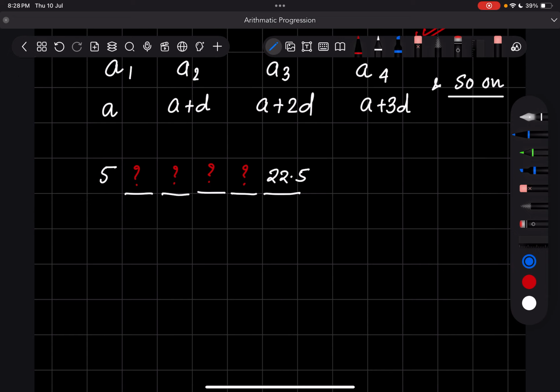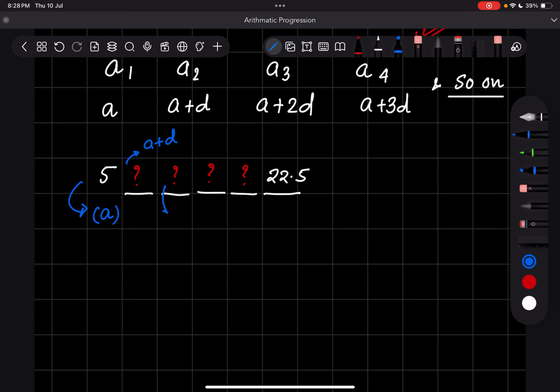We can solve this question using the general equation. But we will first try to solve this without using the general equation. We will only be using the basic equations. For example, we will consider 5 as equal to a. Then the second number will be a plus d.